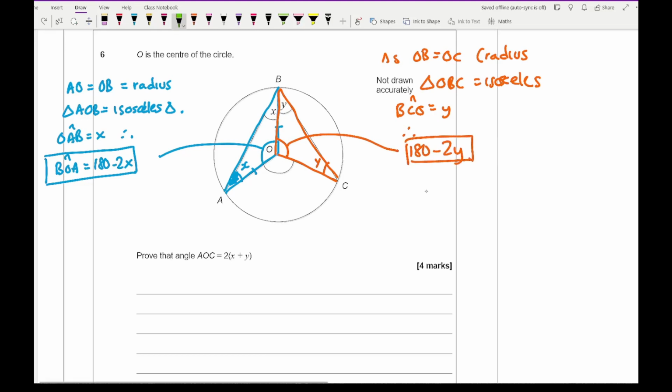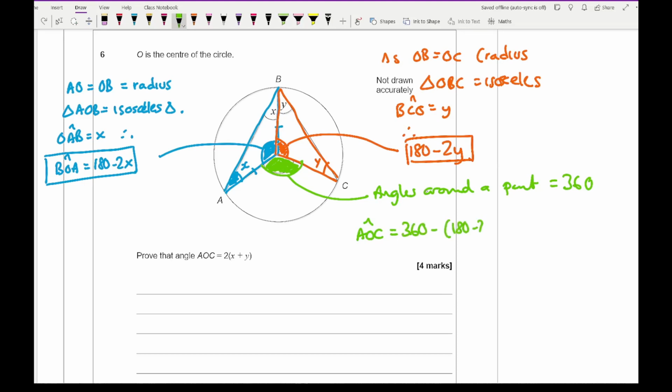So then to work out this angle, because I know that angles around a point add up to 360, to work out this green angle, all I've got to do is take away from 360 the blue angle and this orange angle. So angle AOC is going to equal 360 minus the blue angle, which is 180 minus 2x, minus the orange angle, which is 180 minus 2y.